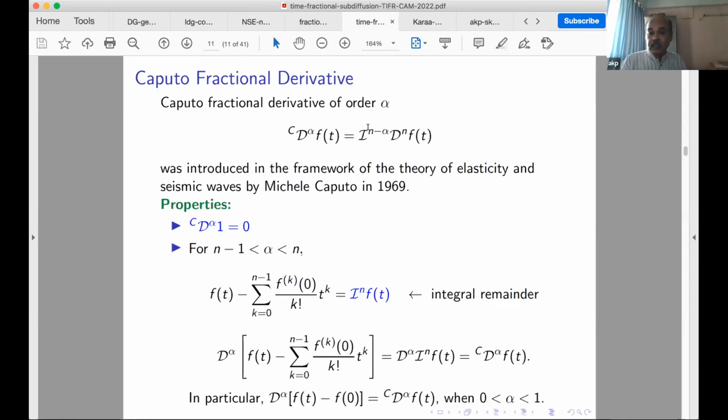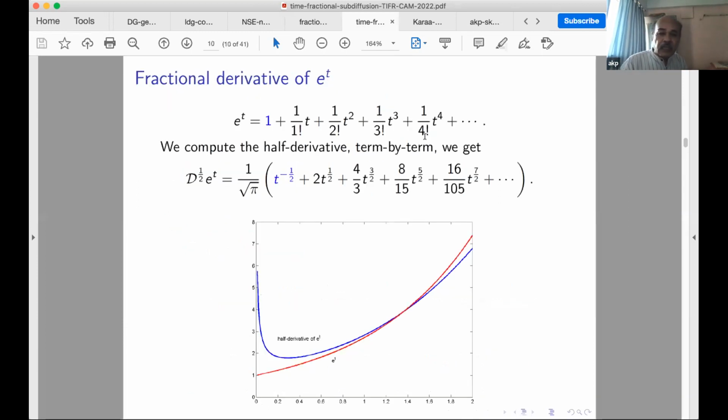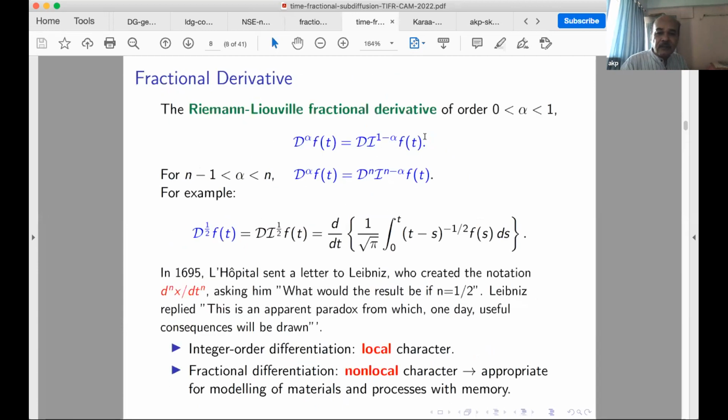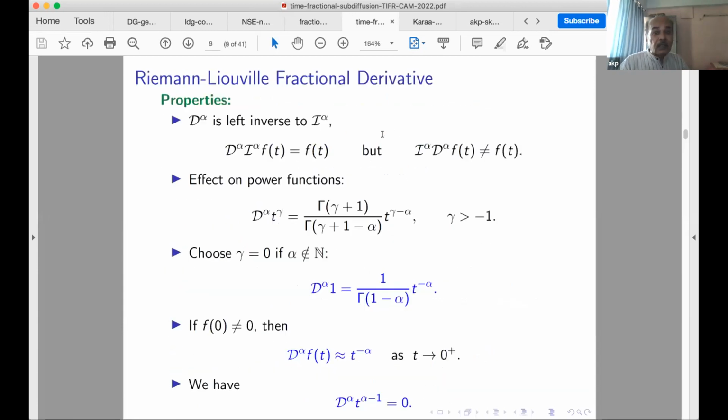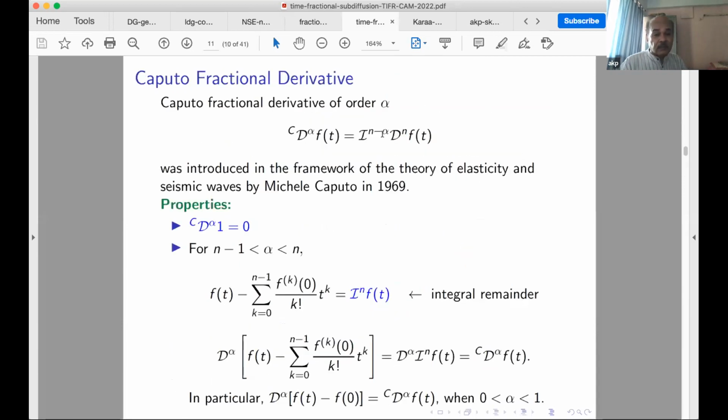This is n is equal to 1. D means the standard derivative. So if you compare to this definition, this is the other way around. And they are not commutative, so these definitions are not the same. But they behave in a similar manner. I will tell you what is the major difference.